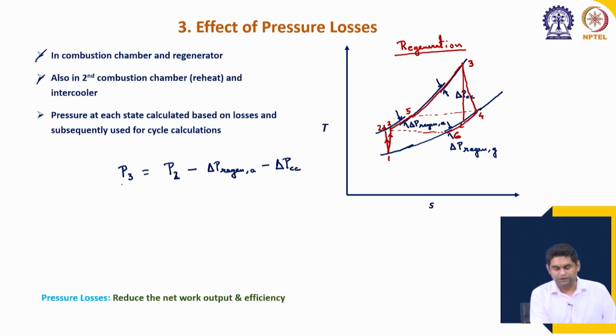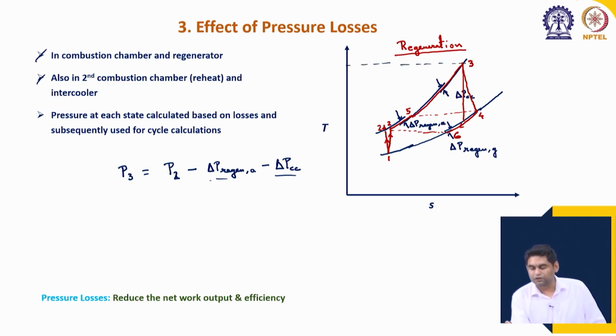Instead of being equal to P2, this is slightly lower than P2, and if we know the values of these parameters, then we can find out what the pressure P3 should be. Temperature of course is fixed. It will remain equal to the turbine inlet temperature, which specifies the state, and we can proceed with the calculations.